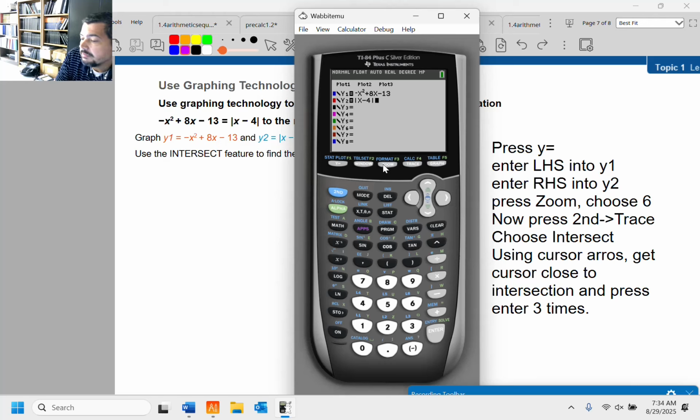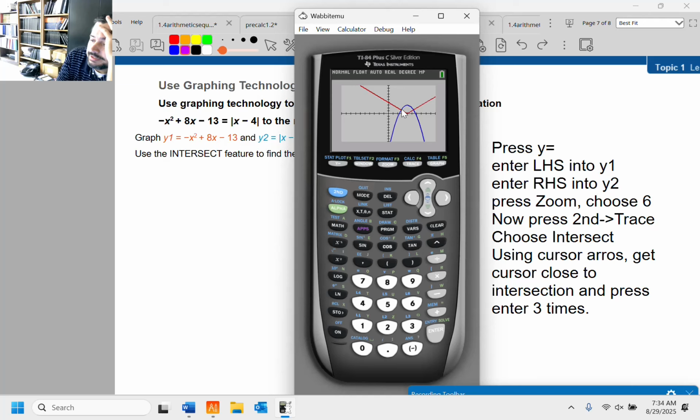Anyways, from here on, it says press zoom and choose 6. You by default do a zoom 6. You don't hit graph. You hit zoom 6. And just like that, the TI-84 is going to do some graphing for you. And this one I think is going to have two answers. It's going to have an answer here and here.